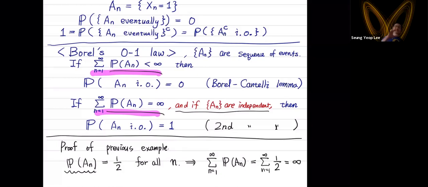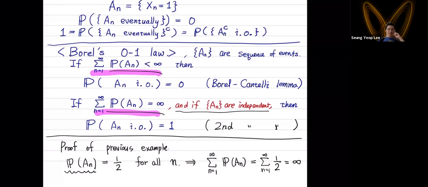For this sequence to have a finite sum, P(A_n) must get smaller and smaller, not stay half all the time. P(A_1000) is half, P(A_billion) is half, so there's no way this summation will be a finite number.